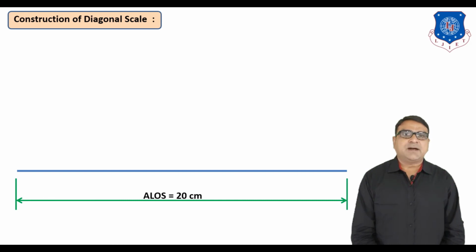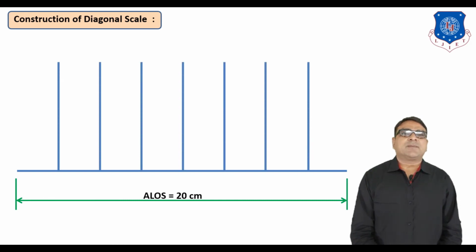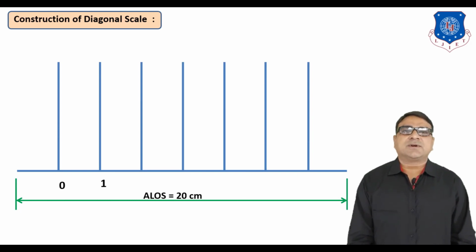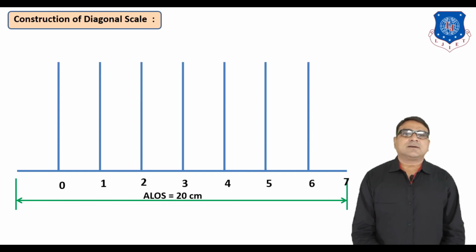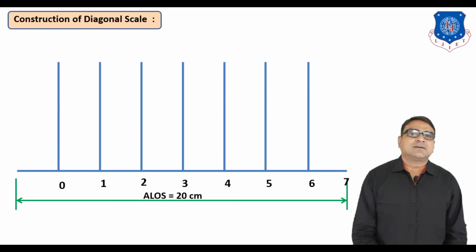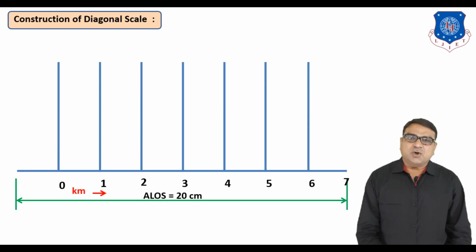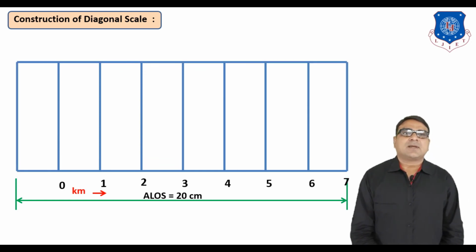You have to divide this line into 8 equal parts and put 0 after one division. On the right side, mark 0 to 1, 2, 3, 4, 5, 6, 7, which represents kilometer units. Then prepare one box.